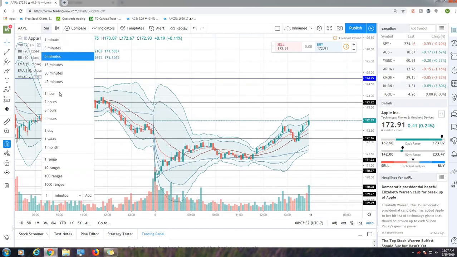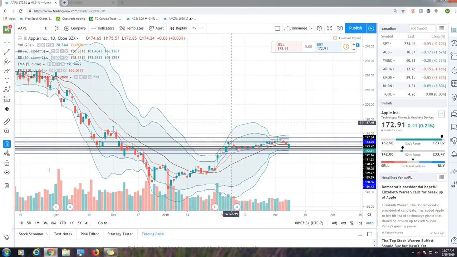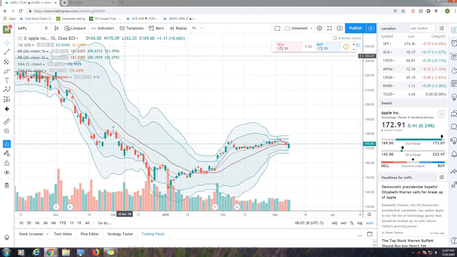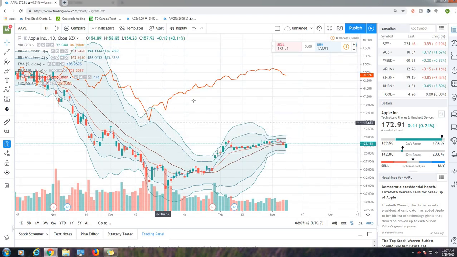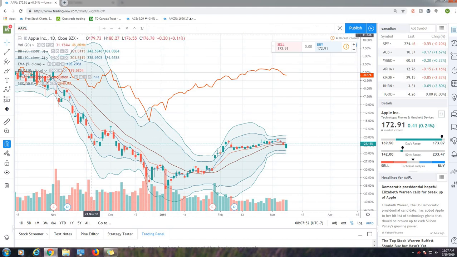So if we compare Apple to the S&P 500, we're just going to clear these lines off because it gets confusing. So we can compare it to the S&P, and that'll bring it up. And then you can see that they function pretty closely related. You can compare it to all kinds of stuff. So that's just another option up there.